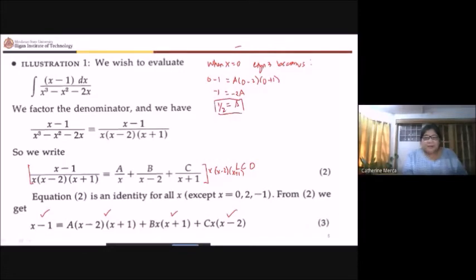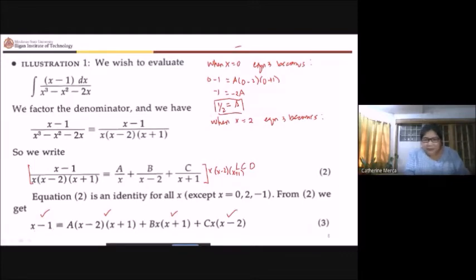Solve na a. Now what happens when, kasi pwede naman na pag ganito, pwede na ang x equal to 2. When x equals 2, equation 3 becomes, this time, this equation here, you have 2 minus 1.